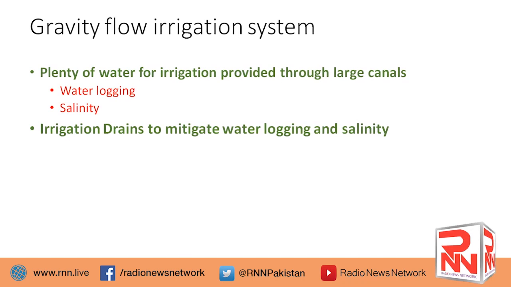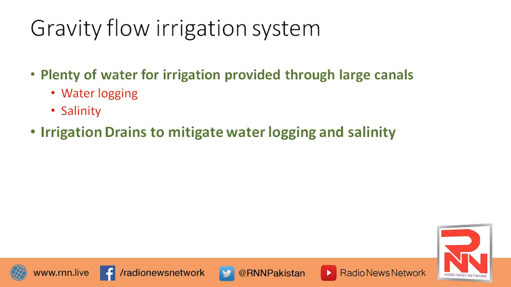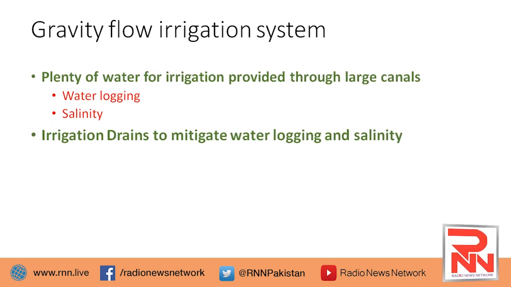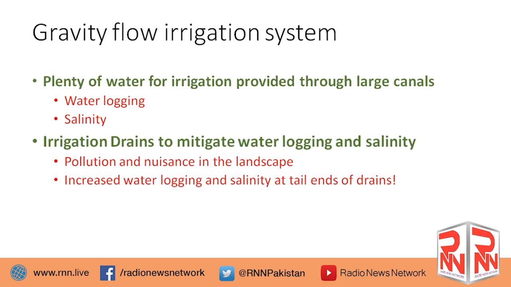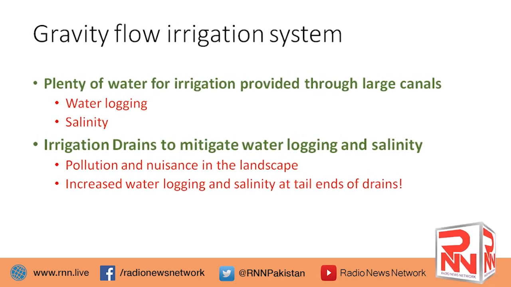And if you go to the villages of southern Punjab, Sindh and Sindh Delta, or for that matter anywhere in the irrigation command areas, there will be people who will be telling you the stories of how they suffered because of waterlogging and salinity. But those drains that we created after doing yet more billions of dollars of projects, some land was reclaimed, but then these solutions also came with problems.